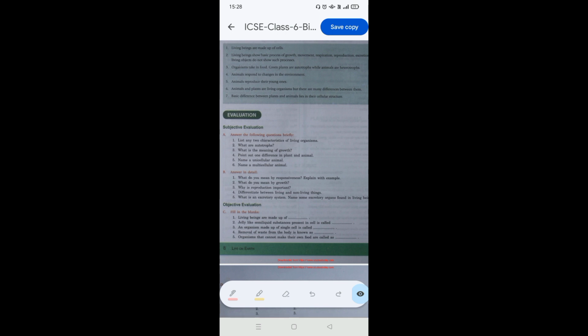Subjective evaluation. A. Answer the following questions briefly. Briefly means in short, so these are short answers. List any two characteristics of living organisms. One is they reproduce, and the other can be respiration.